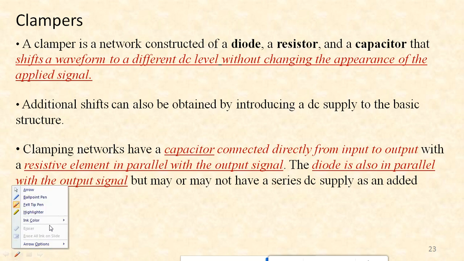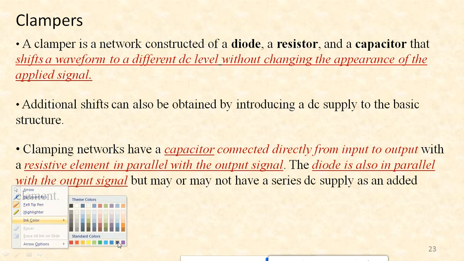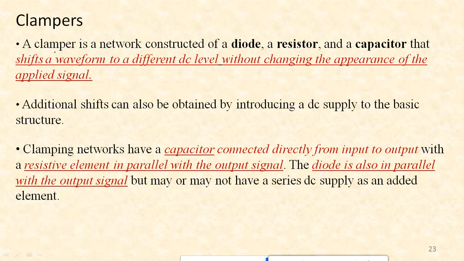What does the textbook definition of a clamper state? A clamper is a network constructed of a diode, a resistor and a capacitor that shifts a particular waveform to a different DC level without changing the appearance of the applied signal.